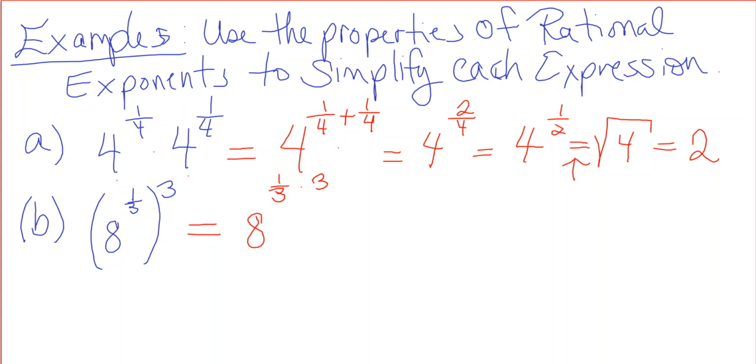Remember with fractions, we think of this one as being over 1, so we'll multiply numerators, multiply denominators. So this is going to be 8 to the 1/3 times 3, which is the same as 3 over 3, if you like, which is really 1 because everything divided by itself is 1. So this is just 8. Did you see that one coming? I hope so.